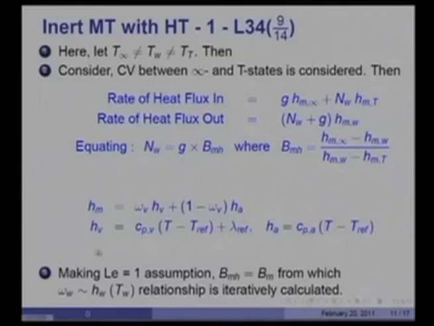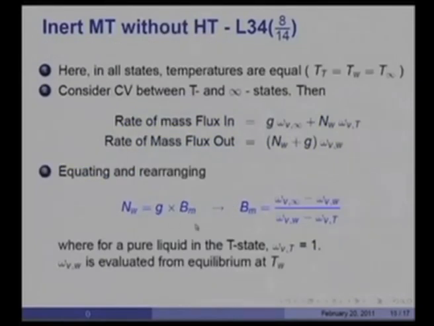As you recall, if we make the Lewis number equal to 1 assumption, then B_mh would be equal to B_m, from which the omega_V,w and T_w relation is iteratively calculated. So, since N_w is equal to G B_mh and N_w is equal to G B_m.